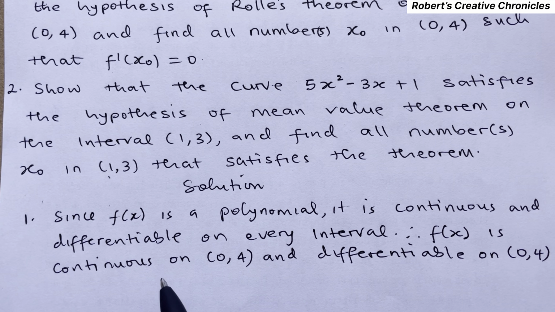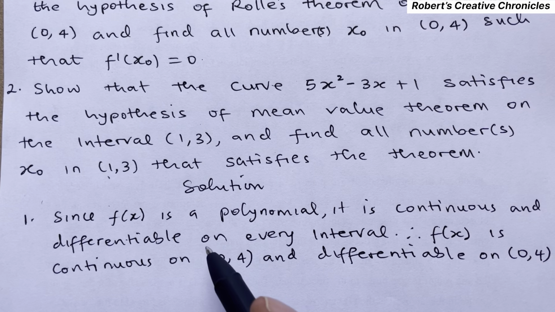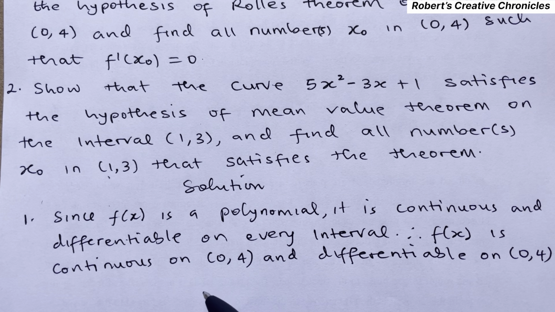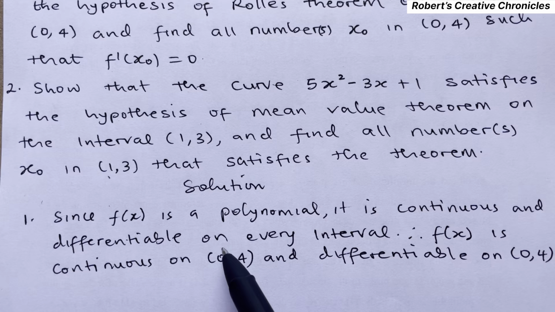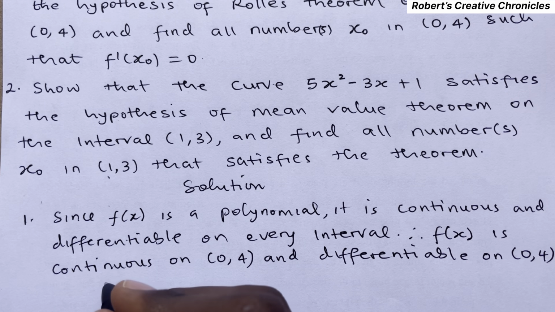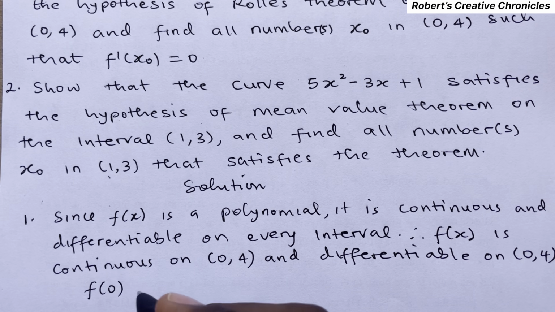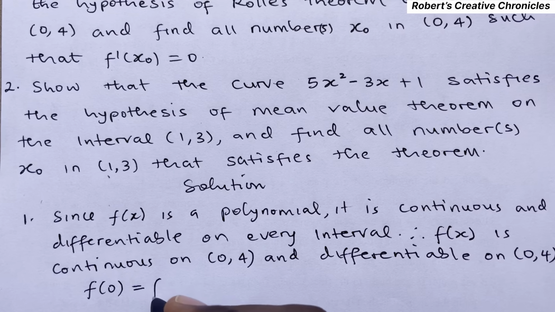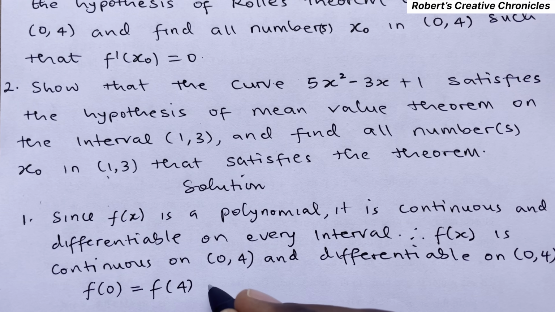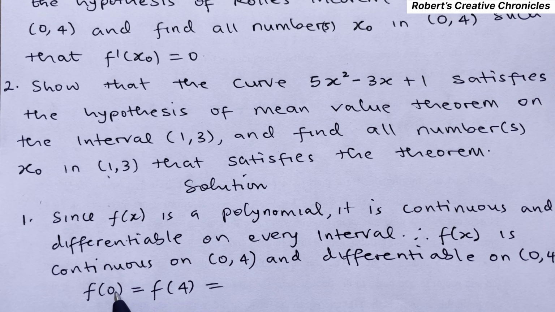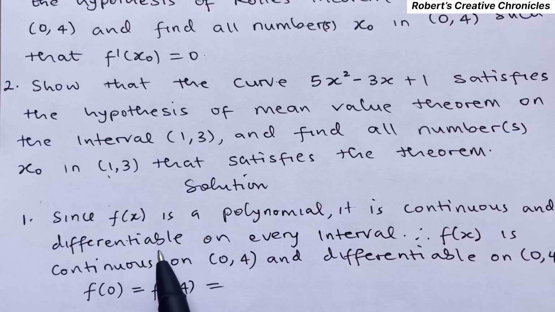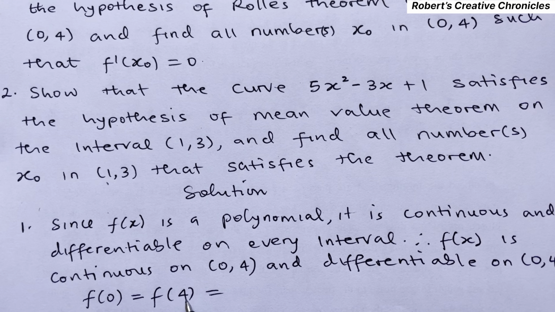And according to Rolle's theorem, f x1 is equal to f x2, and our x1 here is 0, our x2 here is 4. So f0, which is f x1, will be equal to f4, which is f x2. If we substitute 0 in this function, it should give us the same value as when we substitute 4.